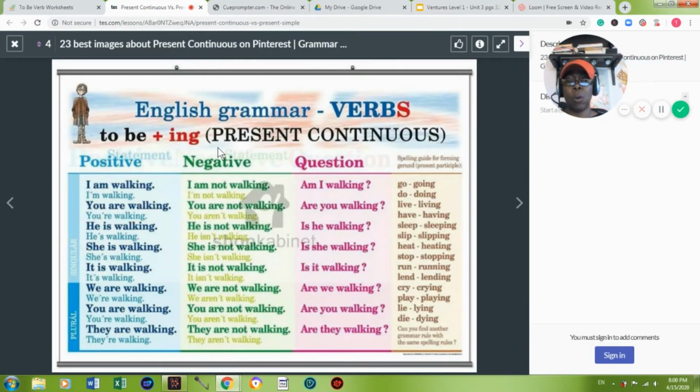This is how we form the present continuous, but we're going to talk about it in the positive, in the negative, and then with our yes no question. We talk about our yes no question in our book, and we're going to take a look at that in a minute, but I wanted us to go through this a little bit.